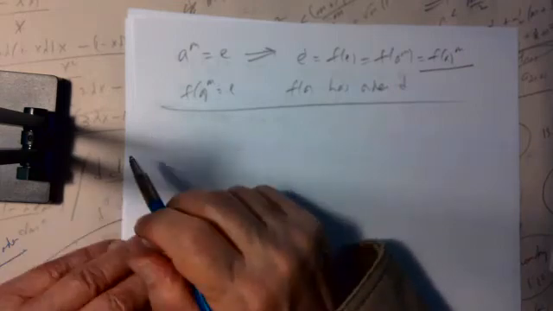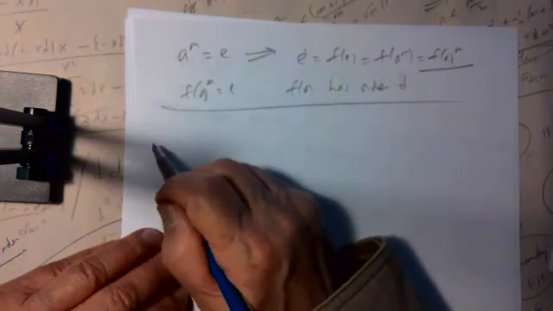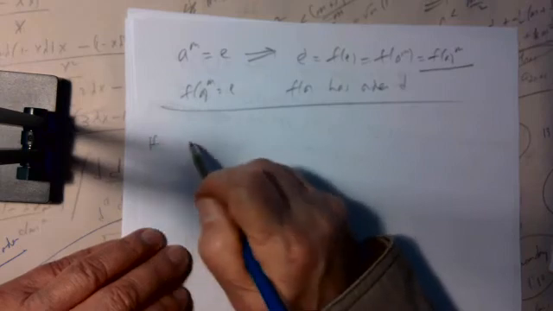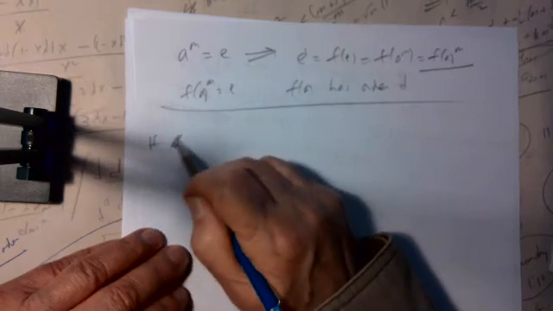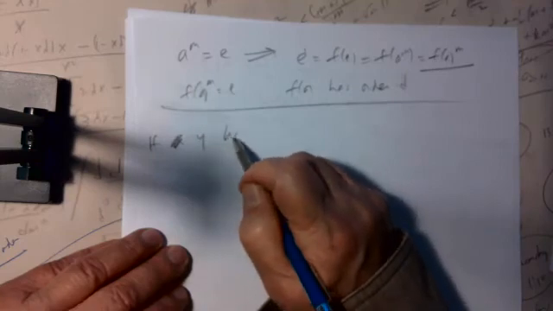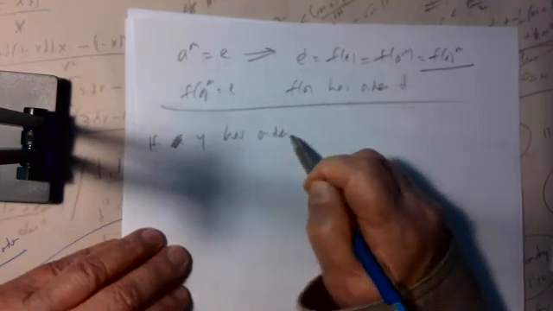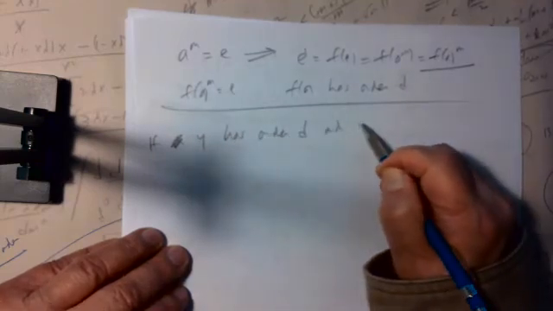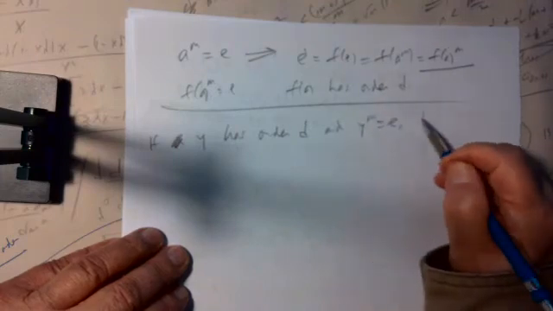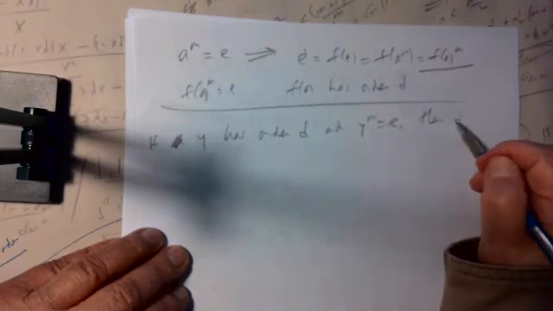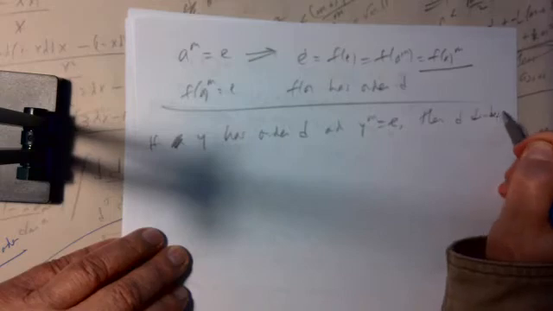Now, again, this uses a fact that's a one-line proof in algebra. If y has order d and y to the m is the identity for some integer m, then d divides m.